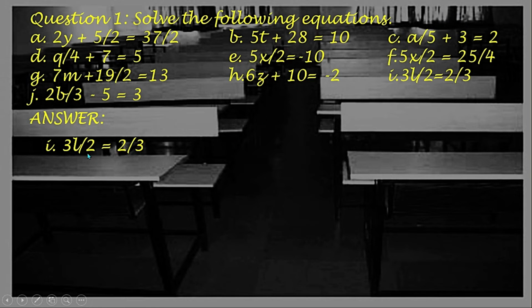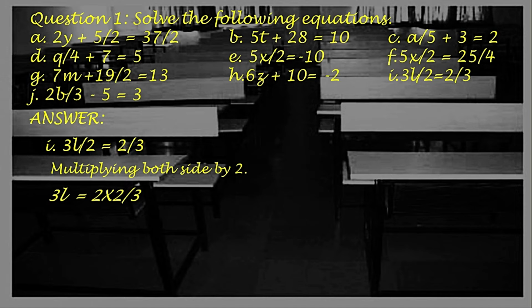So here 3l upon 2, 2 is in division, and the opposite of division is multiplication. First we multiply 2 on both sides. So we get 3l equals 2 multiplied by 2, because we are multiplying both sides. So the answer is 3l equals 4 by 3.